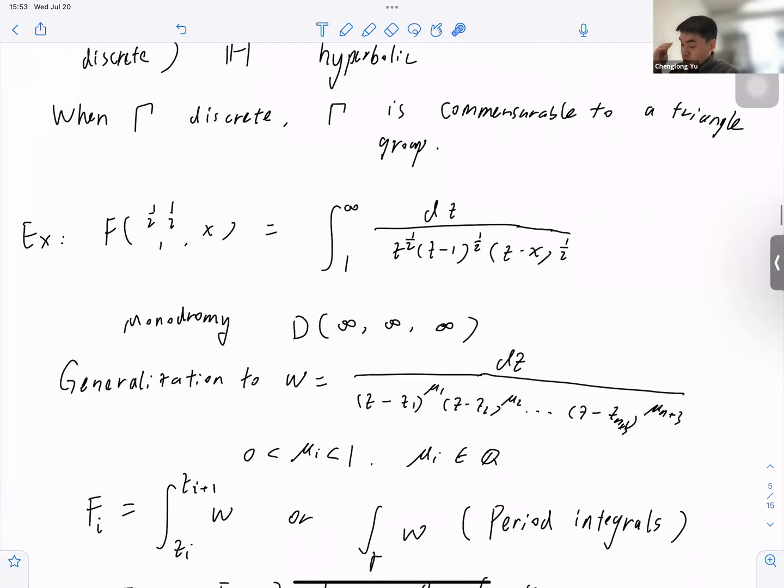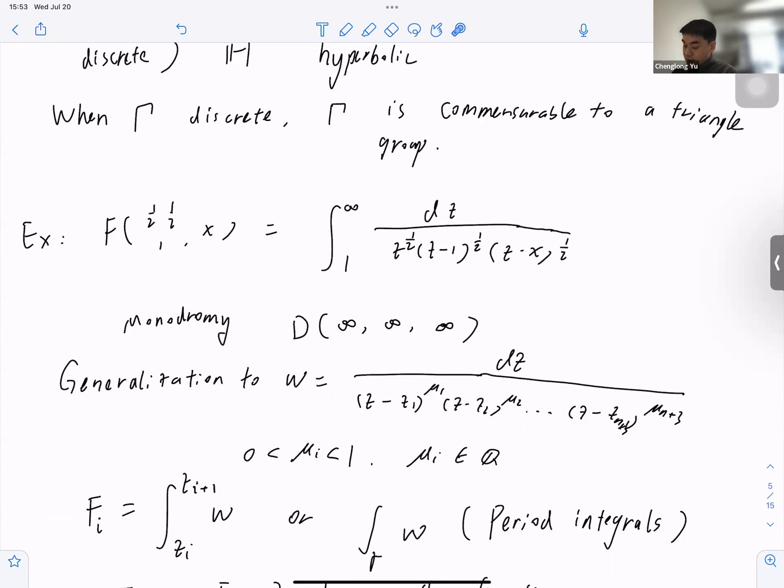And when this mu_j is less than 0, then we can view it as some regular points. So we put this natural requirement for those denominators: mu_j is from 0 to 1. And we can also consider mu_j to be irrational numbers, but for now, let's just consider those as rational numbers.